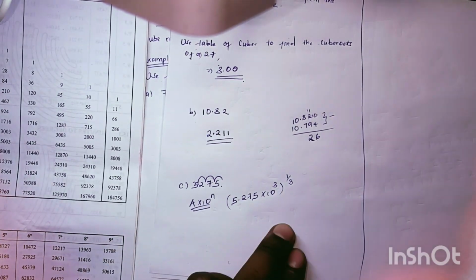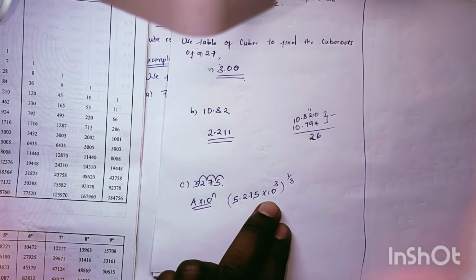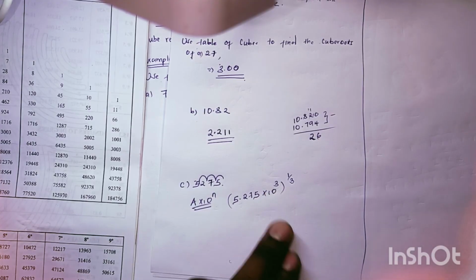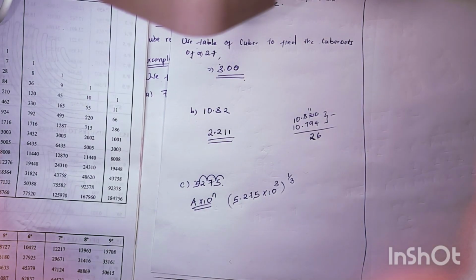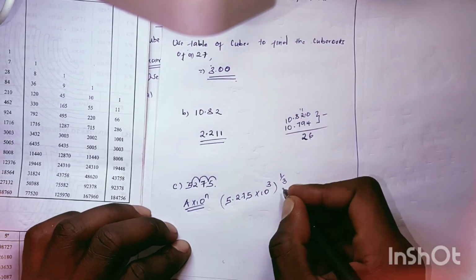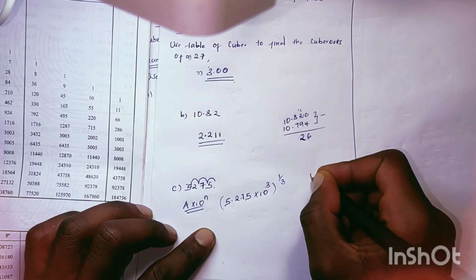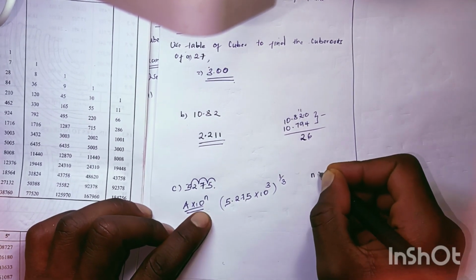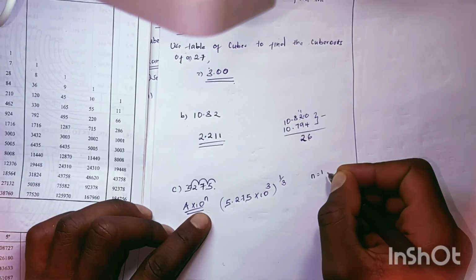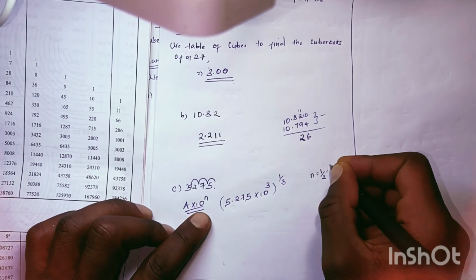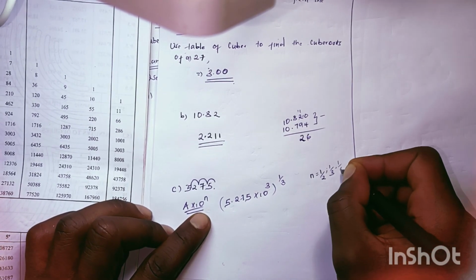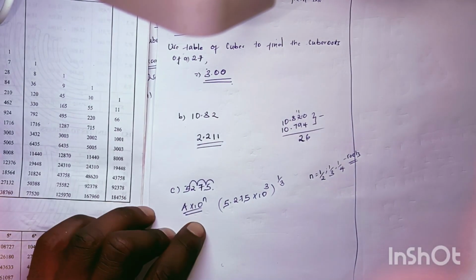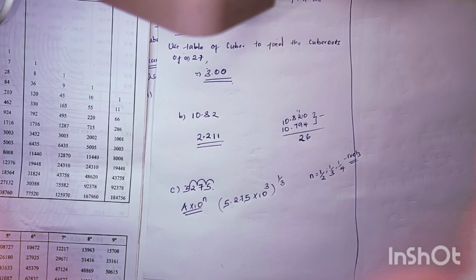When I write these numbers raised to a third, it means it is a cube root. And when my n is a fraction, let's say a half, a third, a fourth, these are roots, guys. Those are the ones that I mean are roots.